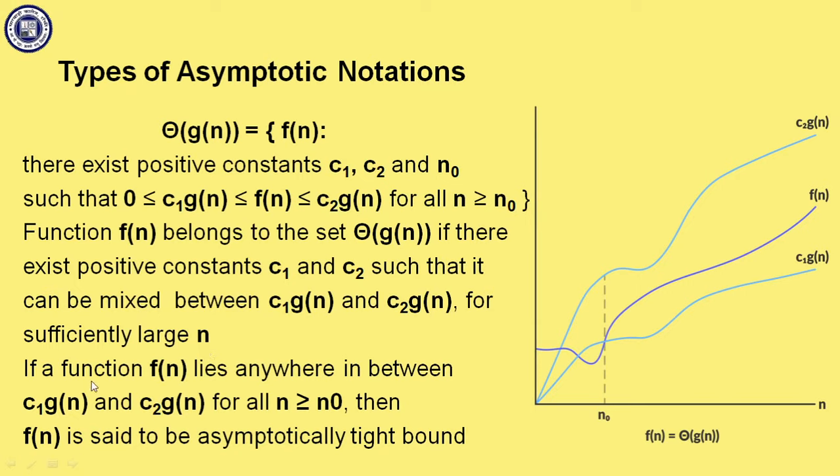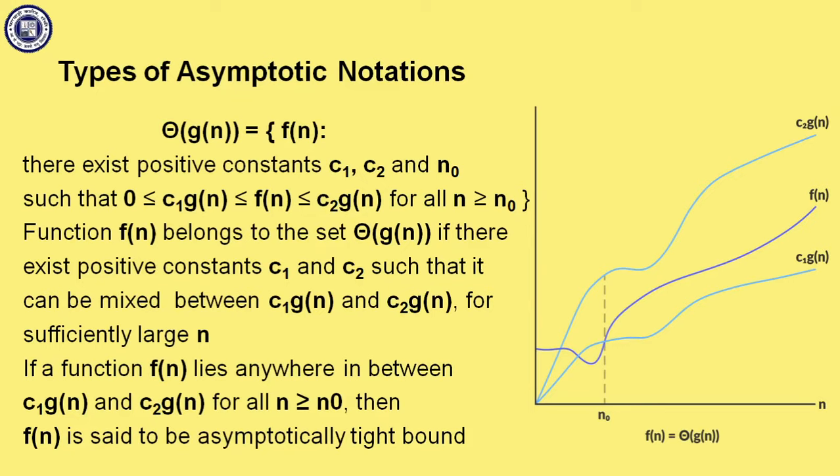Hence, if a function f of n lies anywhere between g of n with constant c1 and g of n with constant c2 for all values of n greater than or equal to n0, then the function f of n is said to be asymptotically tightly bound.